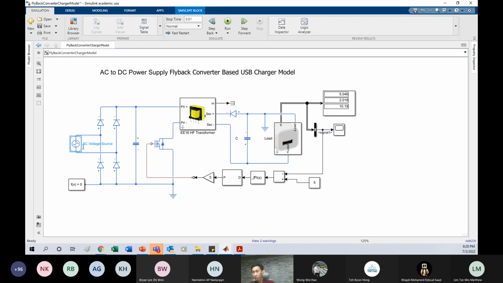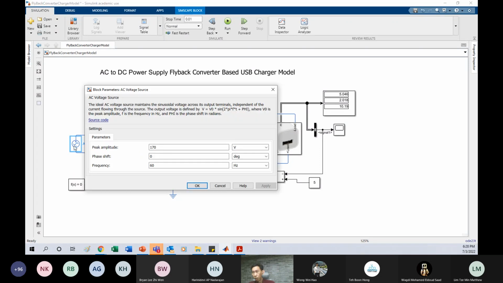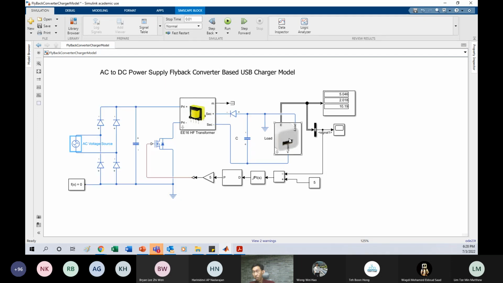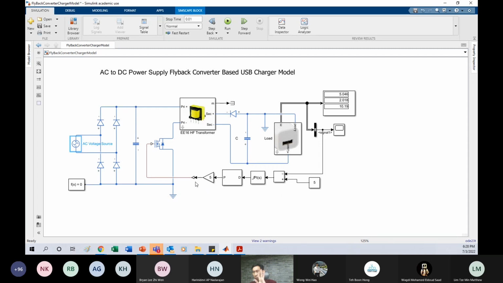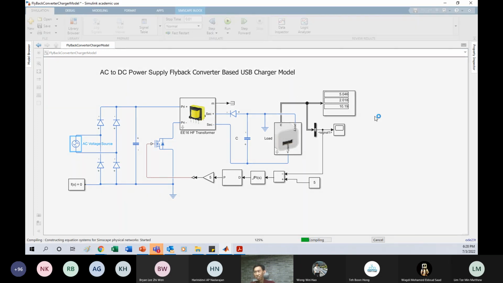Even though now I fly to the US, the voltage goes low and the frequency changes, it doesn't affect. So this is what we call a worldwide power electronic charger. Then I bring it back to Malaysia, I change back to 50 hertz, 230. In other words, you go to any country around the world, your charger is universal already. It will still deliver. This is the beauty of this design.